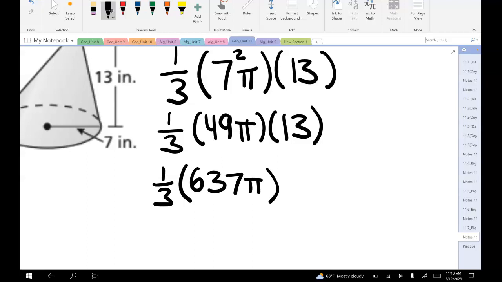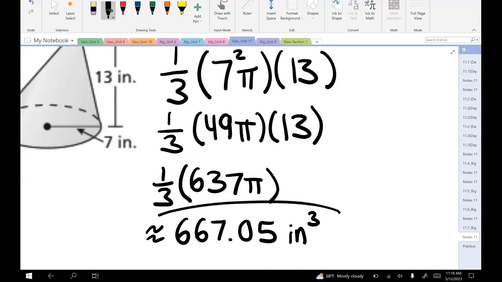If you take 637 pi and divide that by 3, you get 667.0.5, and now we're back in the world of volumes, so our units are cubic, so this would be inches cubed.